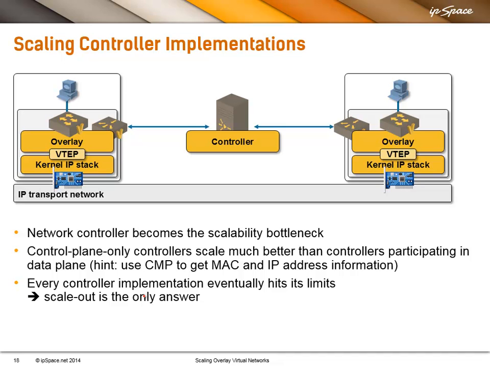By the way, the controllers that stay away from the data plane, so the controllers that don't reply to ARP requests, for example, scale better than the controllers that have to deal with data plane activities like ARP requests. But every controller implementation will eventually hit the limits, and in that case, scale out is the only answer.